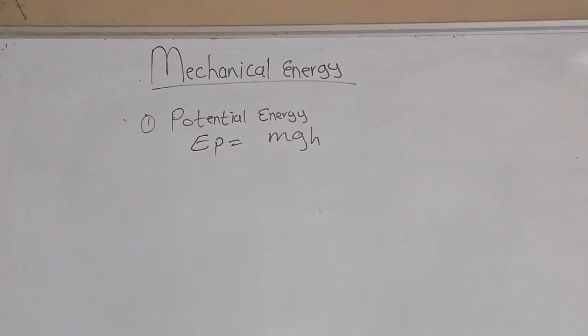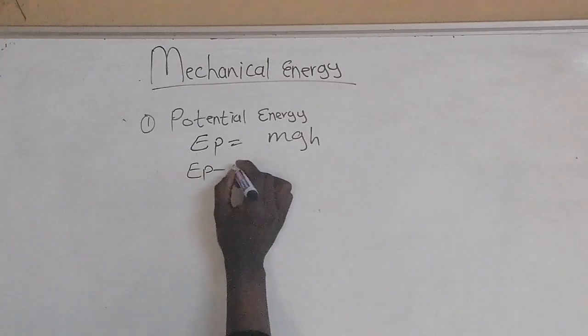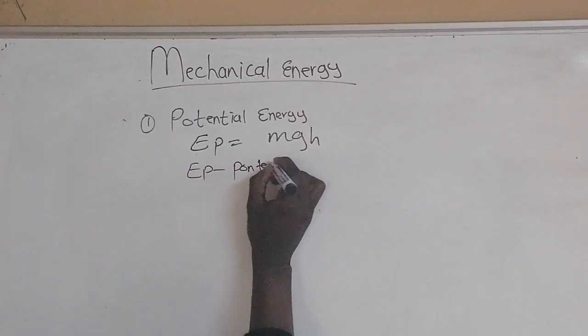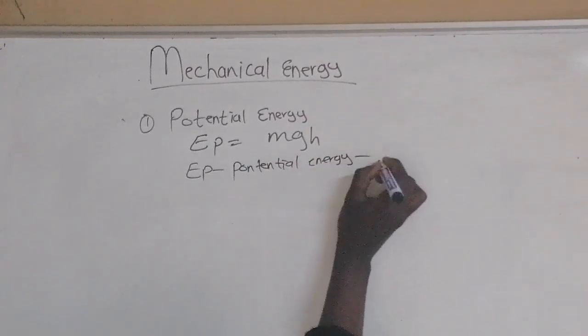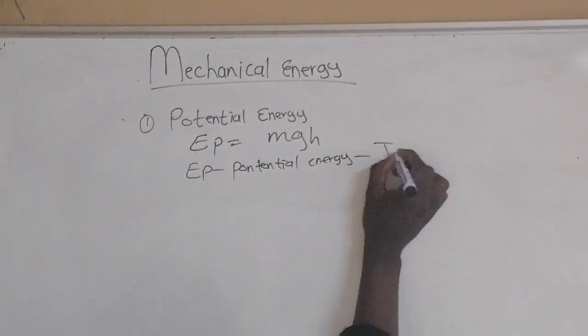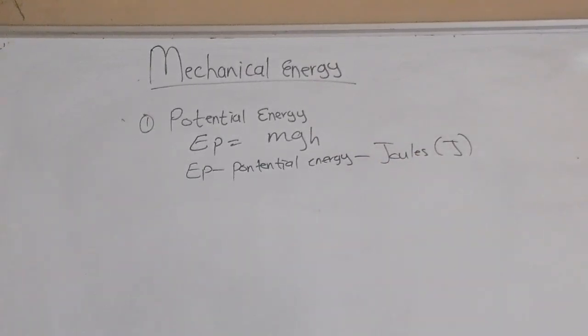Now, as you can see, we have EP that equals mgh. EP obviously is the potential energy measured in joules, since I said that all energies are measured in joules. So it is very important for you to know the SI units of these formulas.